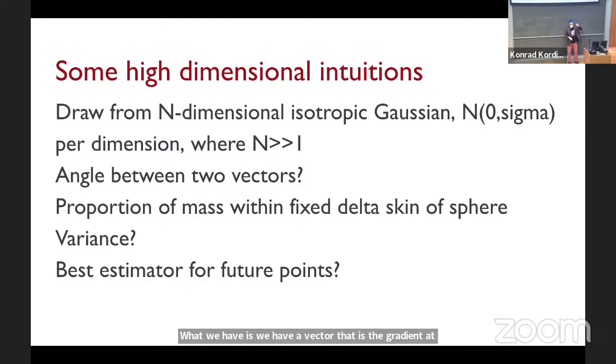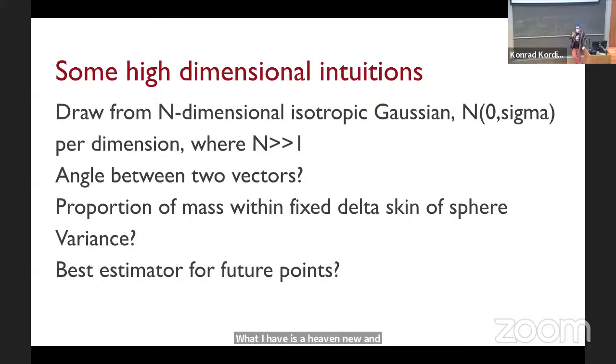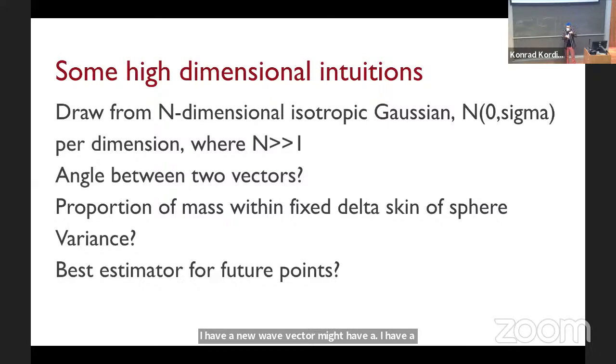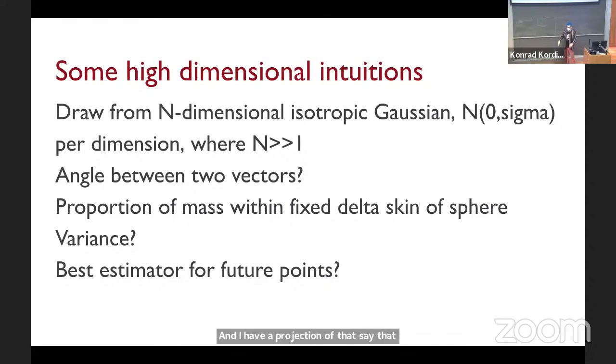So the scenario is: I have a network that works just fine for the dog. I have a weight change that is proportional to the gradient following the mistake on the cat, and then I go back to the dog. I have a new weight vector, and a projection that deals with the dog. So now I have two weight vectors, the original one and the new one.